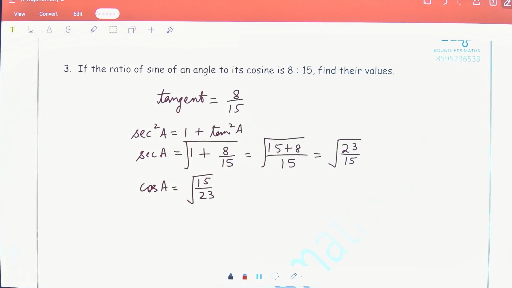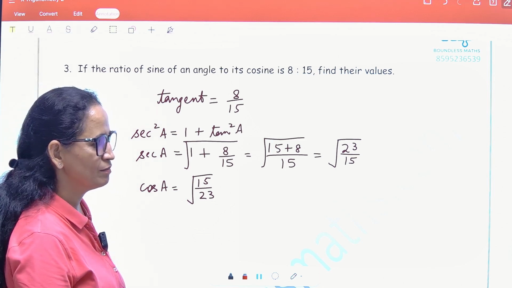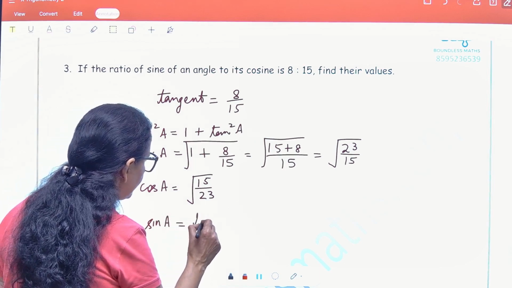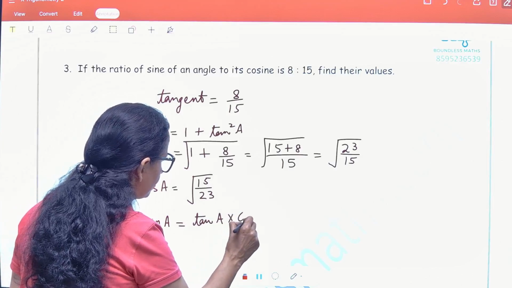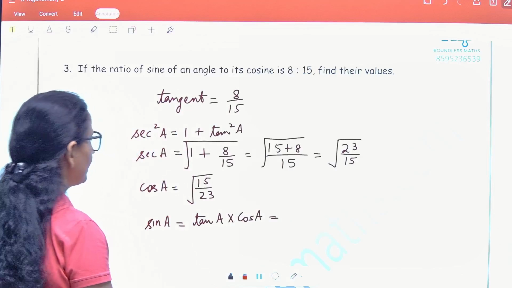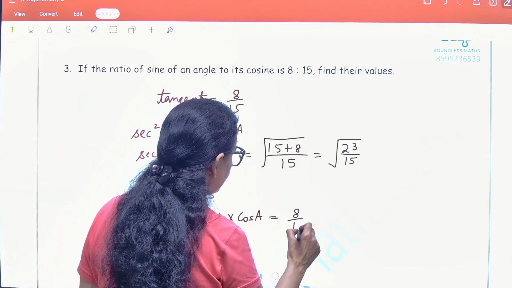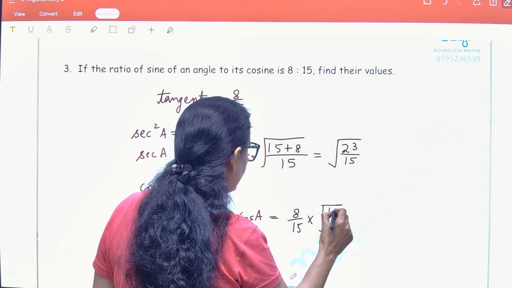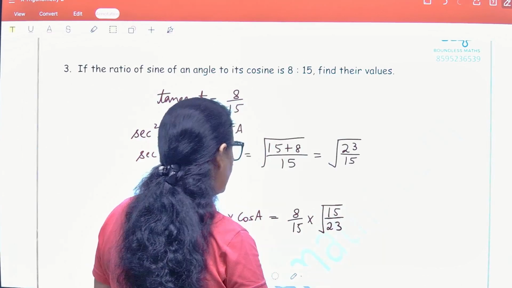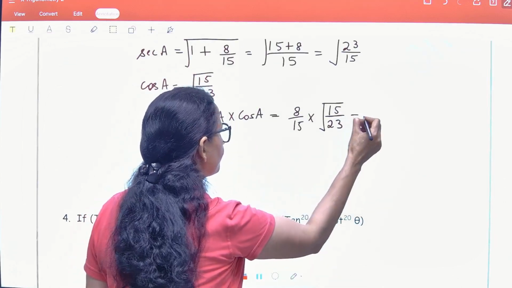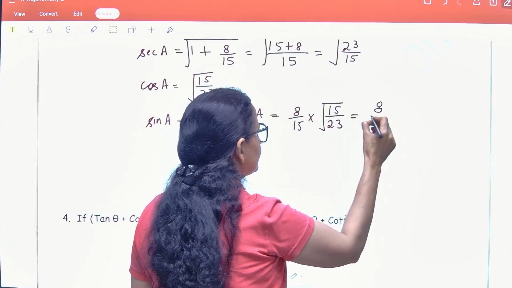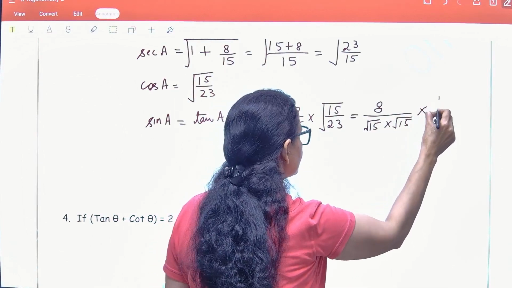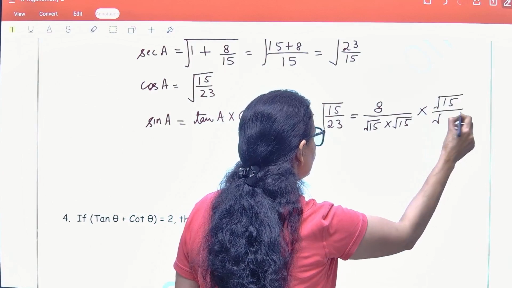Now can you use your magic hexagon and find the value of sine A? What is sine A? Sine A is equal to tan A into cos A. So that means I write the value of tangent, which is 8 by 15, and multiply it by the value of cos A. So this is square root 15 by 23. Now let's simplify this. How do we solve that? 15 can be written as square root 15 into square root 15, and this is into square root 15 by square root 23.